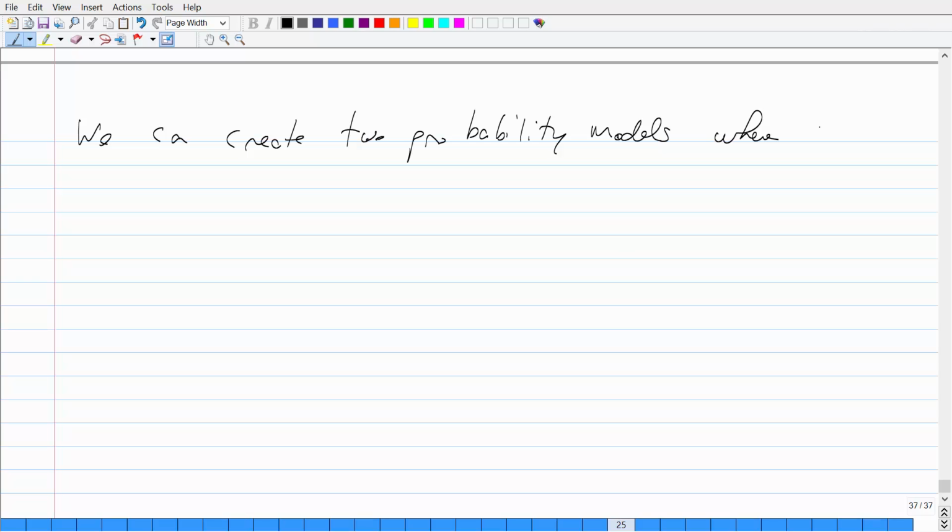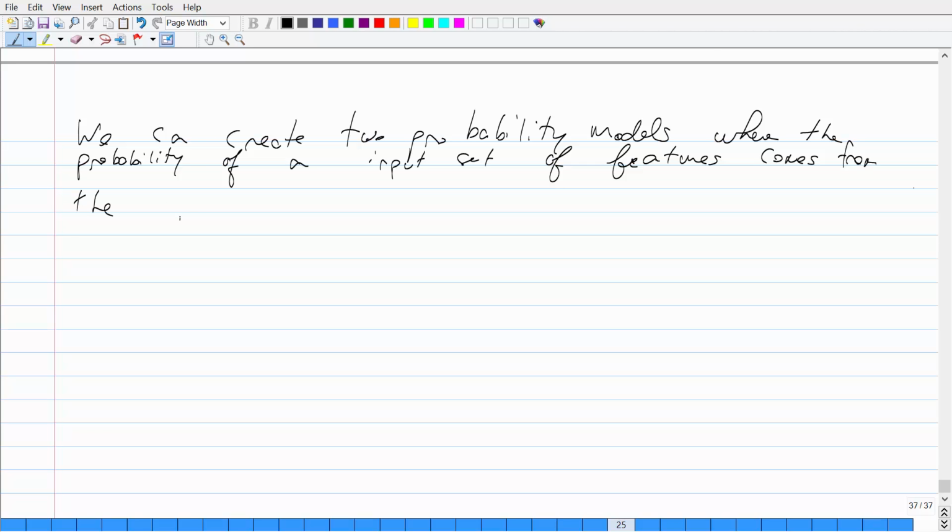Where the probability of an input set of features comes from the positive and negative classes. So this is the likelihood.